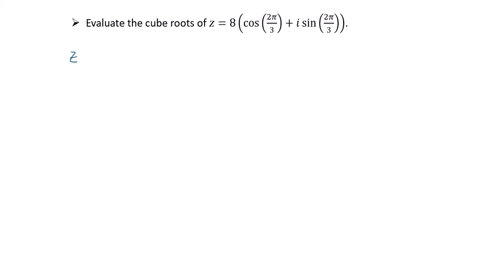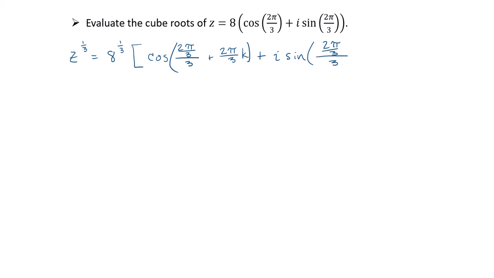We have that z to the 1/3 is 8 to the 1/3 times cosine of 2 pi over 3 divided by 3 plus 2 pi over 3 k, plus i sine of 2 pi over 3 divided by 3 plus 2 pi over 3 k.